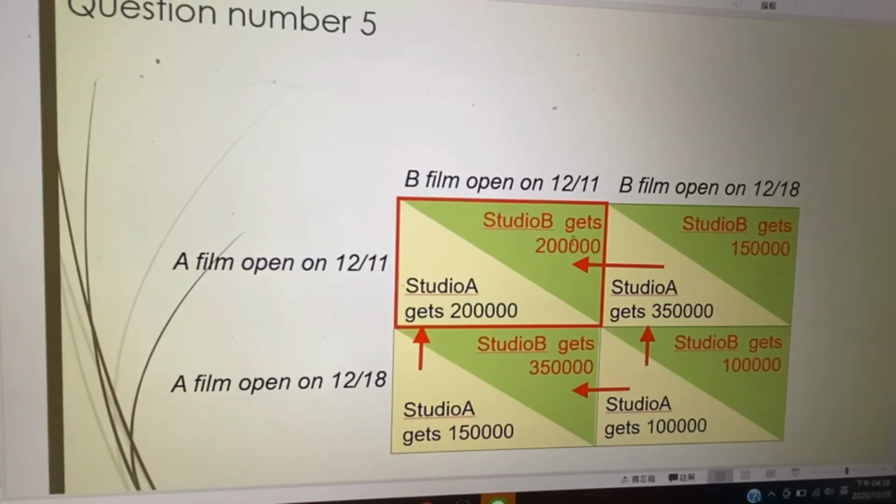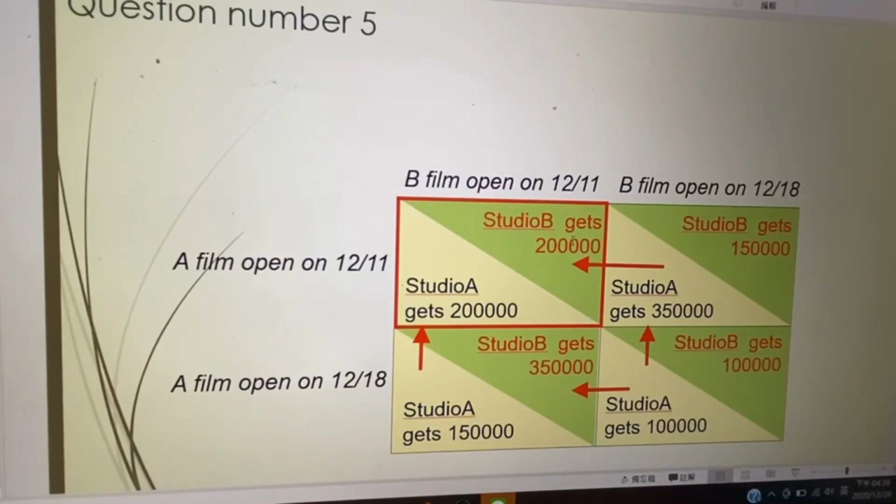As we can see, if Studio A opens on December 11 and Studio B opens on December 11, they will both sell 200,000 tickets.